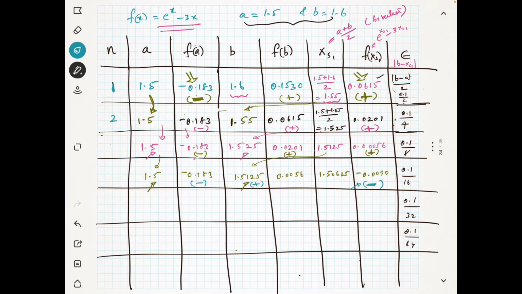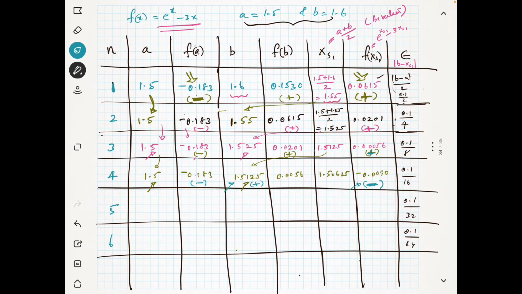So I will just write here 1, 2, 3, 4, then this is the 5th iteration and then 6th iteration. So this is negative, so I will search for something which is positive. If this is positive as in the previous iteration, I will search for something which is negative, but here I have something which is negative, f of x's, so I need something which is positive. It is nothing but b. This is my b.